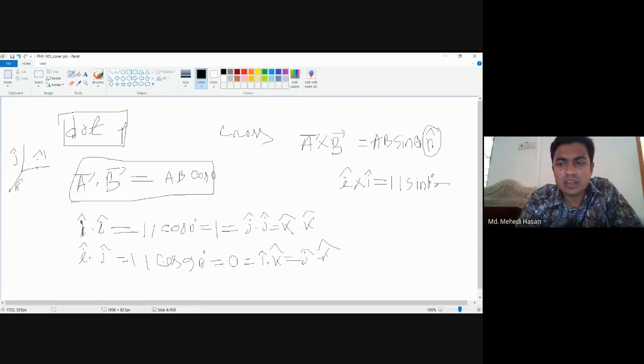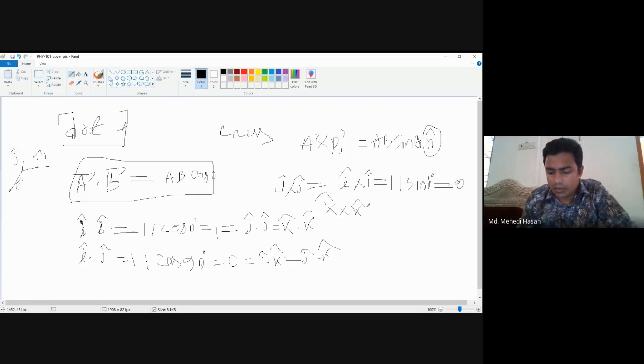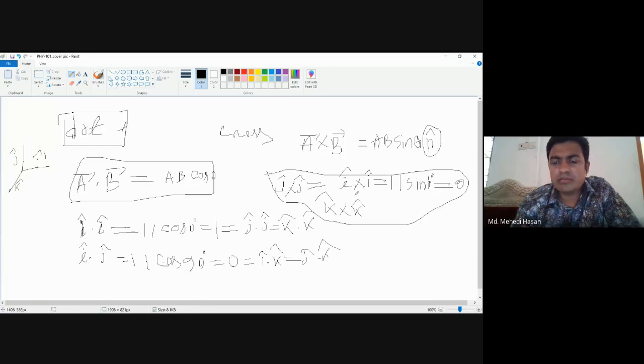So for cross product of similar unit vectors, i cross i equals 0, j cross j equals 0, and also k cross k equals 0. So this is the result for dot product and cross product of unit vectors.